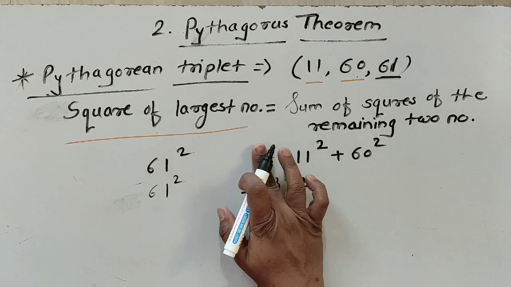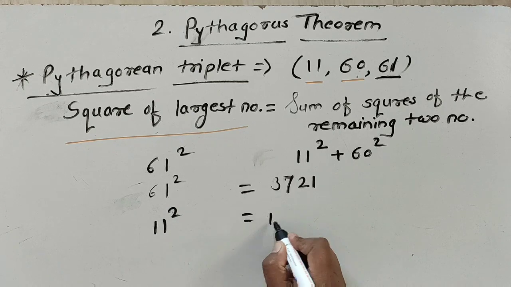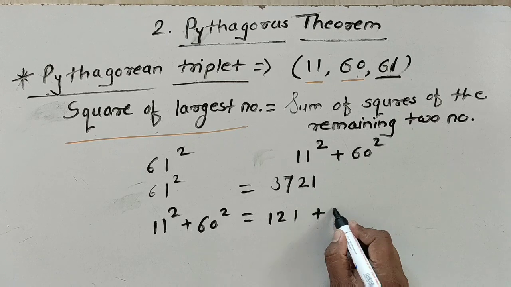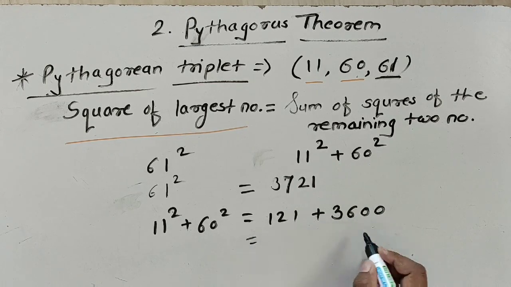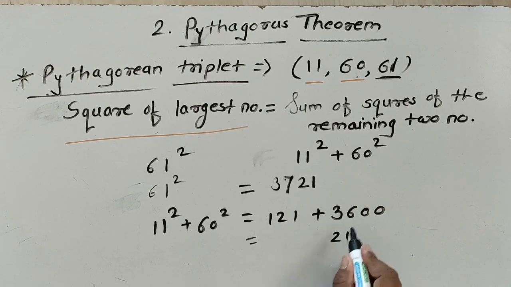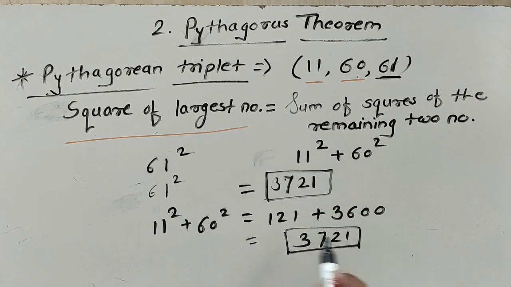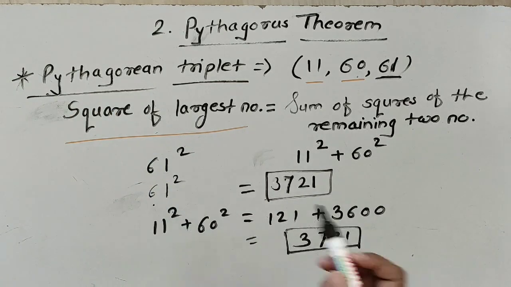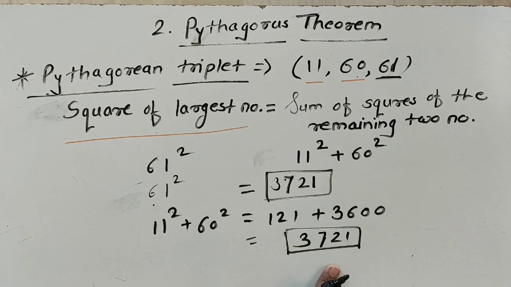And the sum of these two numbers: 11 square is 121, and 60 square is 3600, and its addition is 3721. So we prove that, as per the Pythagorean triplet, the square of the largest number is equal to the sum of squares of the remaining two numbers.